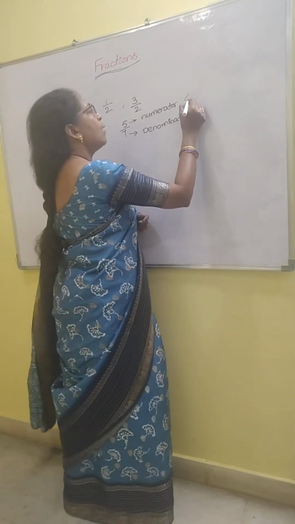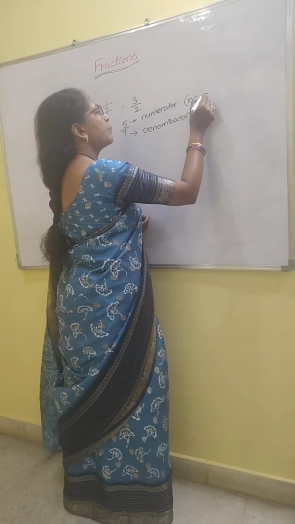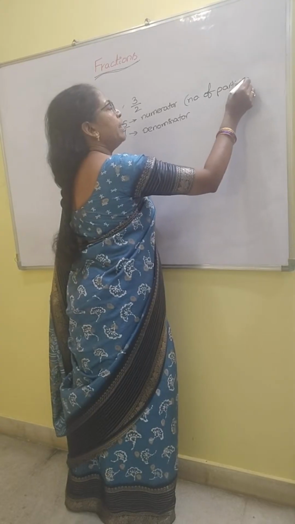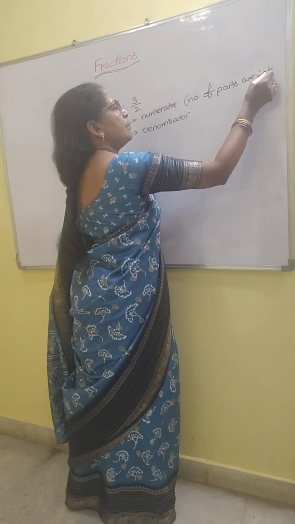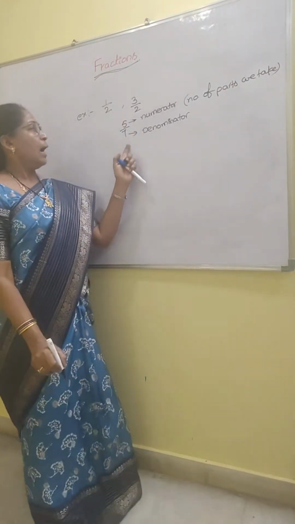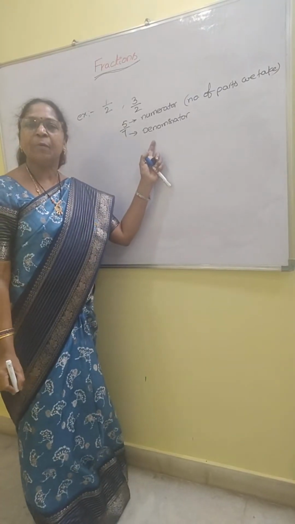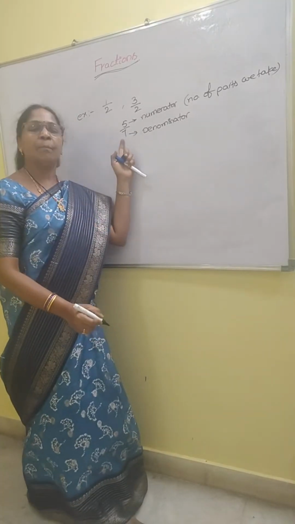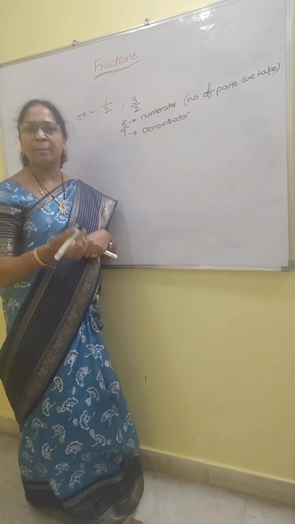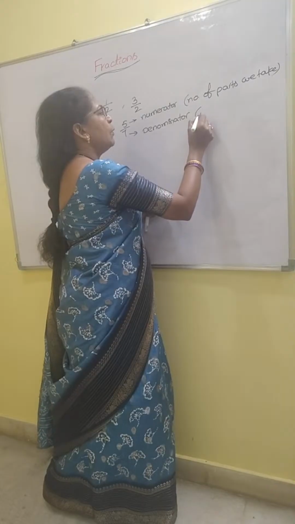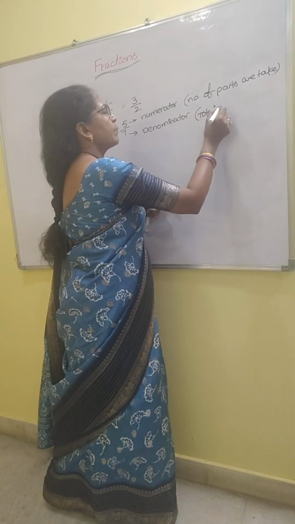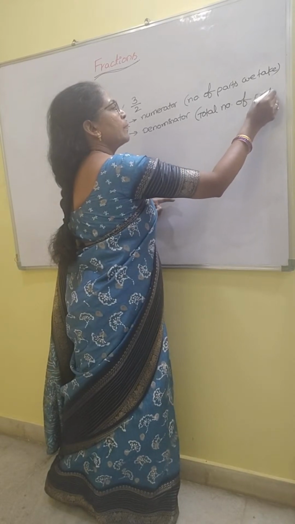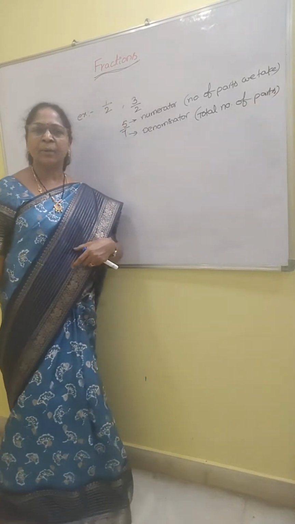The number of parts we take. And the bottom one is the denominator. The denominator represents the total number of parts.